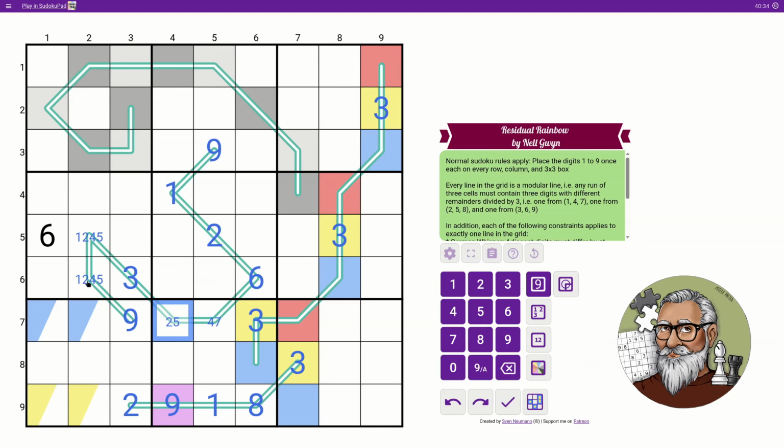Right. So again, this is from 2, 5. And this is definitely 4 now, right? No, it's 1, 4. How? This is 1, 2, 5. So this has to be 1 and 5, right?